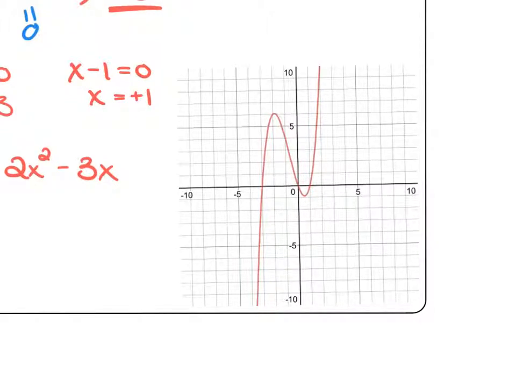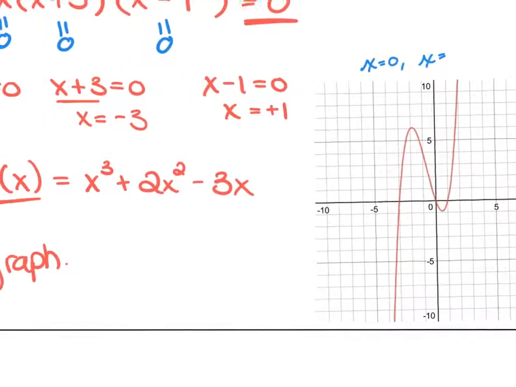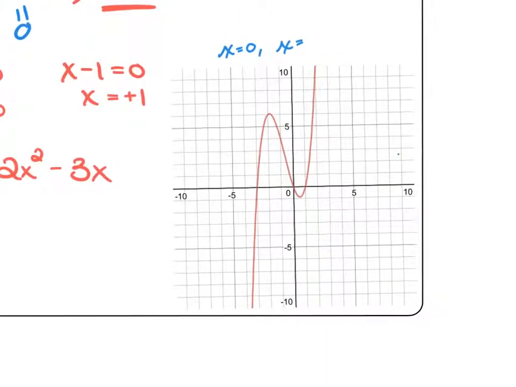Okay, so the last question said to graph it. So I just went into Desmos and graphed it. Now, the nice thing you can do, because remember that we had gotten x equals 0, x equals negative 3, and x equals positive 1.